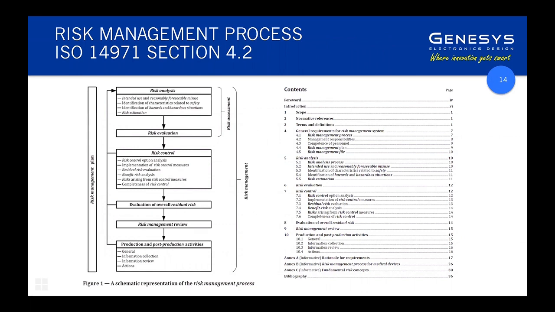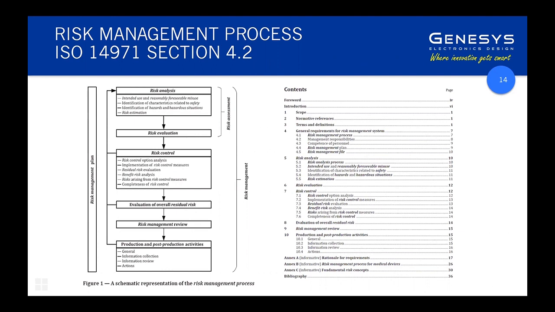So just jump into the next slide, and this is extracted from 14971, and I've put up the contents list of the standard, and it aligns reasonably well with the flow chart to show what the risk management process at the high level consists of.